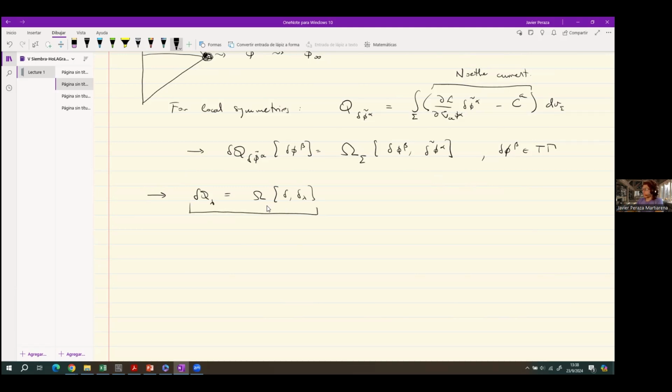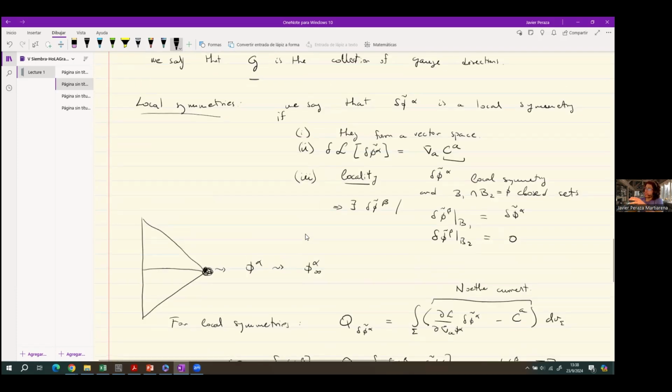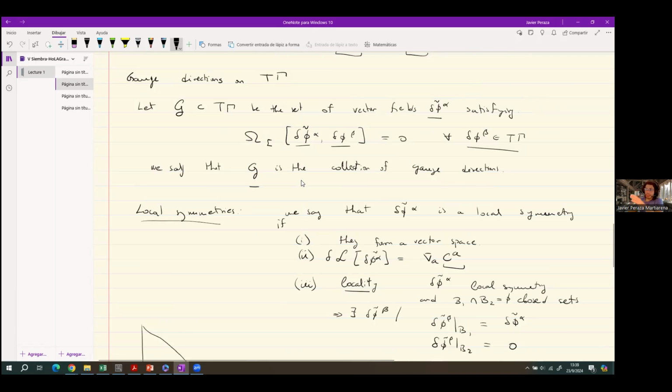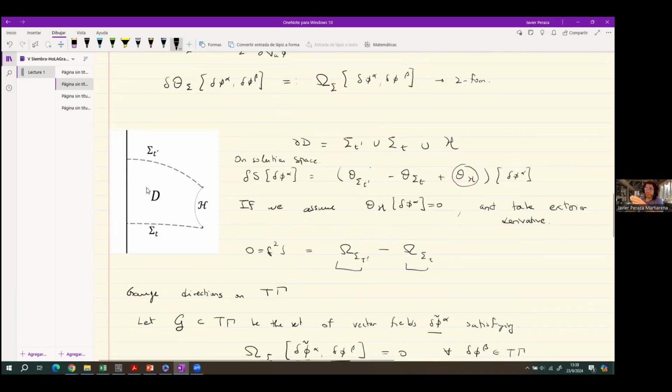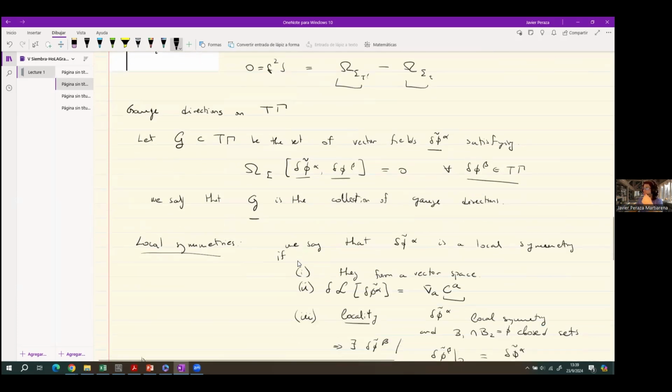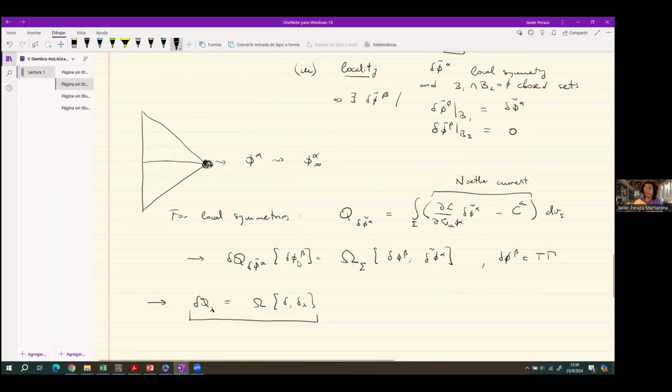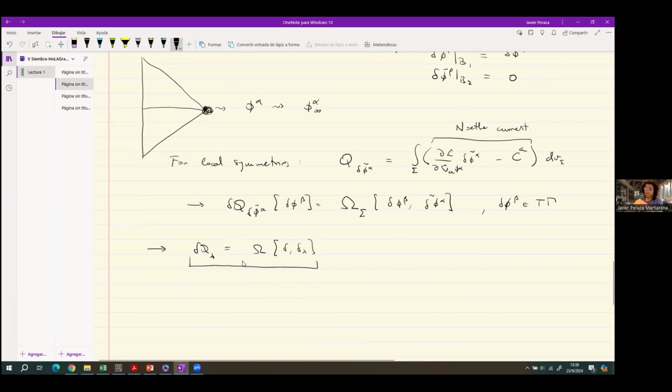So the message to take home is the following. This is everything considering domains which are bounded by hypersurfaces up and down, and also by some null hypersurface going to infinity, but the fields vanish quickly enough so that we can drop it from our equations, and therefore we can define the charges pretty straightforwardly.